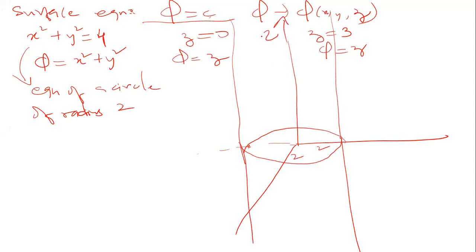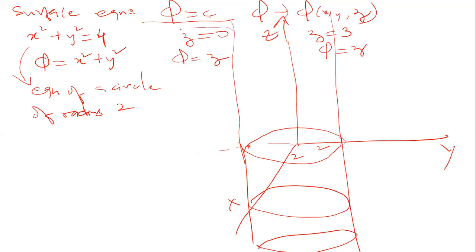This is your z-axis, this is your x, this is your y. So x squared plus y squared equal to 4, though it's an equation of a circle, can represent an infinitely long cylinder of radius 2.